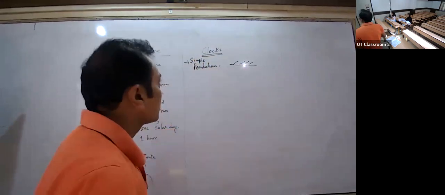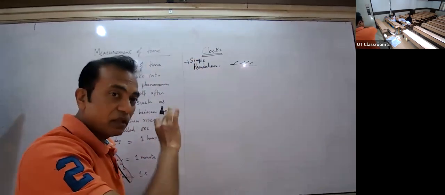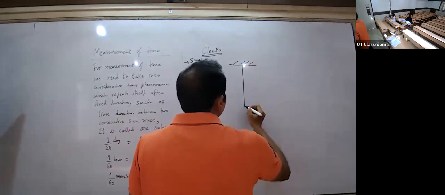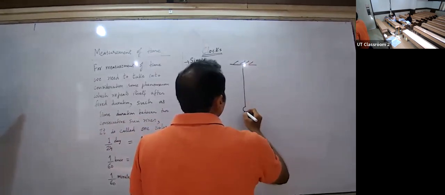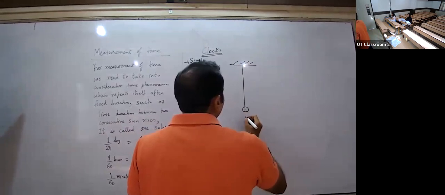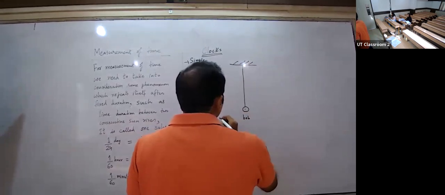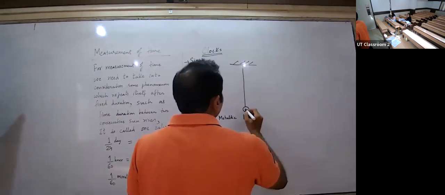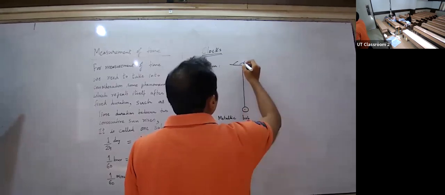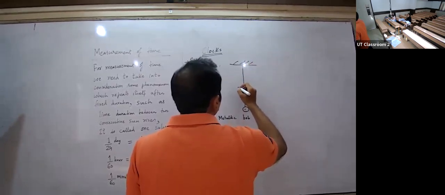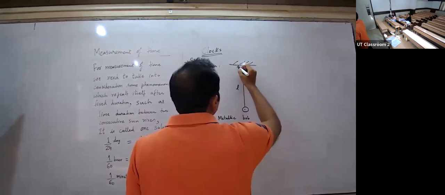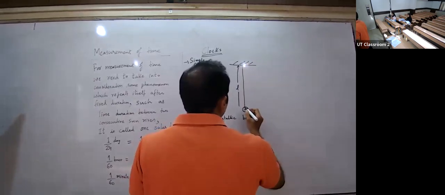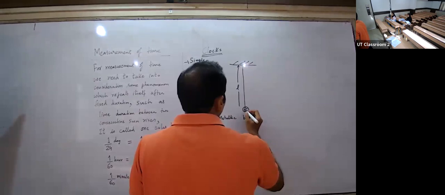So in short, why are we studying the pendulum? Because it helps us measure time, right? A pendulum is something hanging from the ceiling. What is hanging from the ceiling? This metallic ball. It is tied with a string of length L, and there is this small length, which is the radius of the ball.